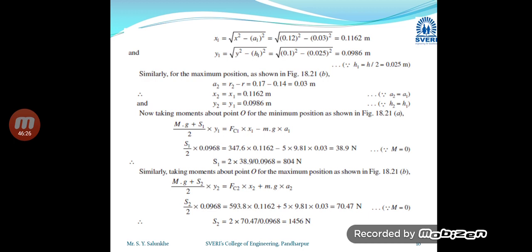In this case, we have to calculate S2, the spring force, that is, when the governor is rotating at the maximum speed, what will be the spring force. So this spring force is calculated as 1456 Newton. So this S1 we have calculated and S2 we have calculated.